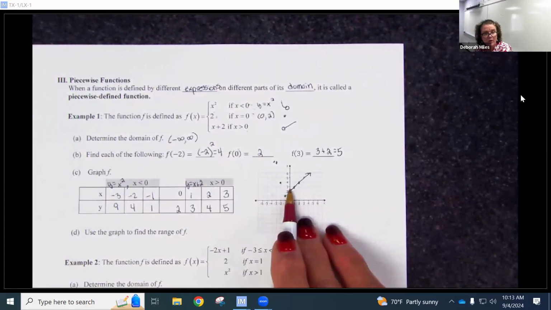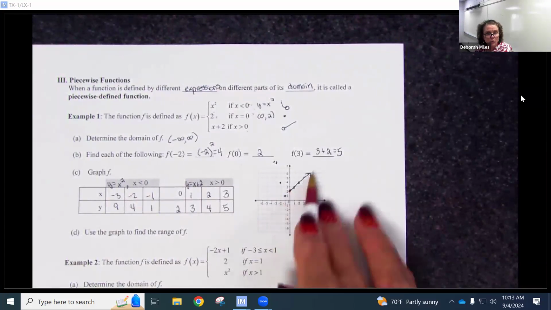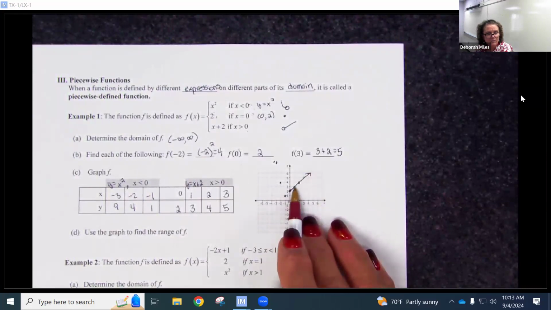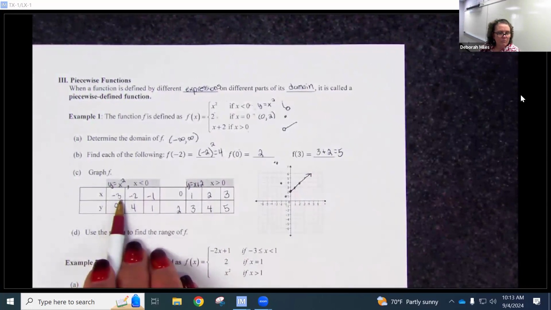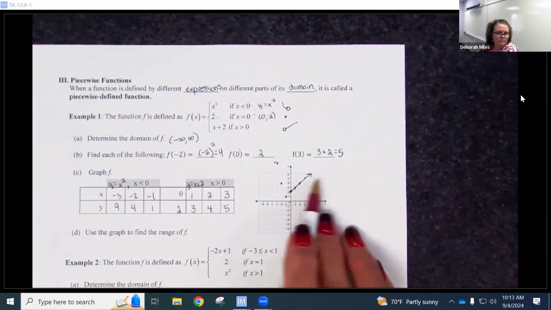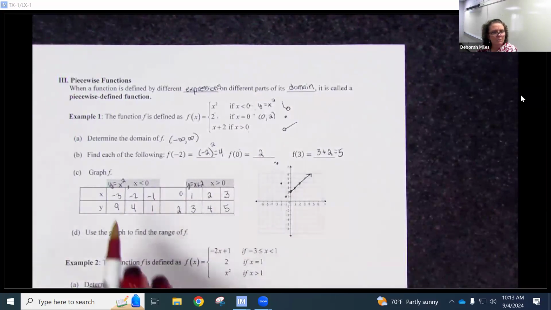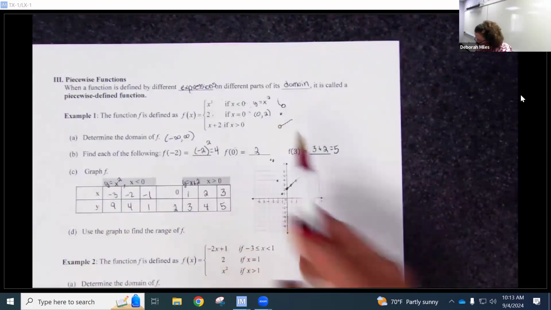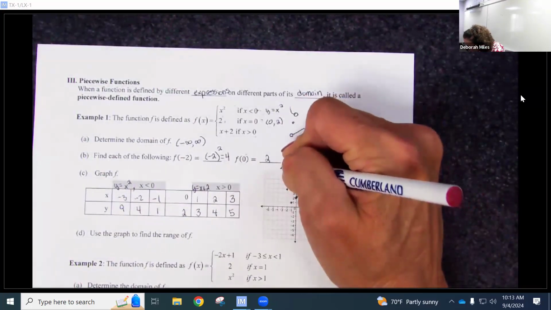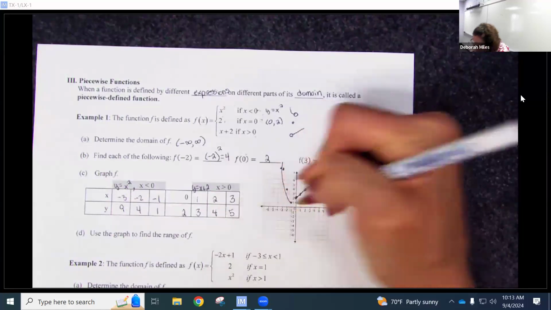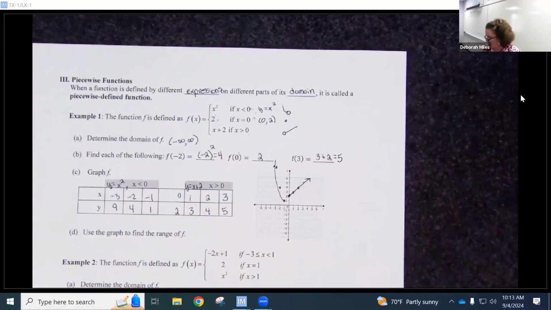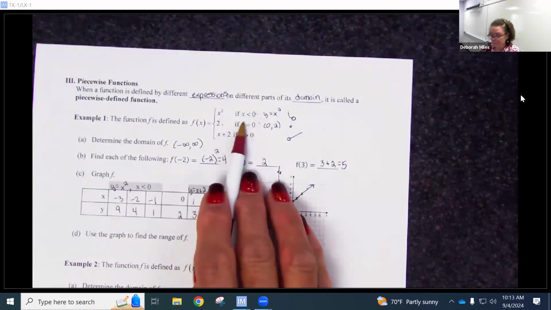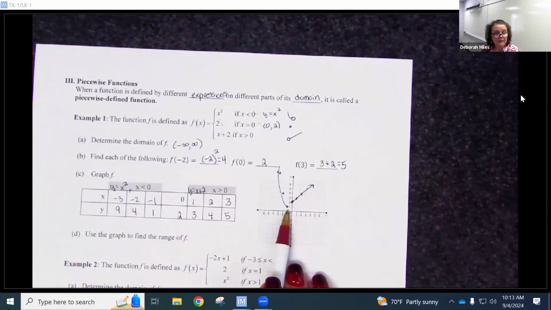0, 2 is on that graph, and it's also on the right side of this line. Now, I don't know why I said left side. That's the right side of that line. y equals x squared, we know it's a parabola. I can connect these 3 points in kind of a parabolic shape. But all the numbers that are negative don't stop at -1.